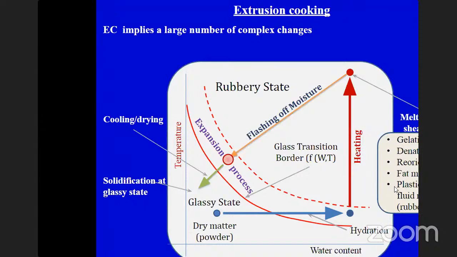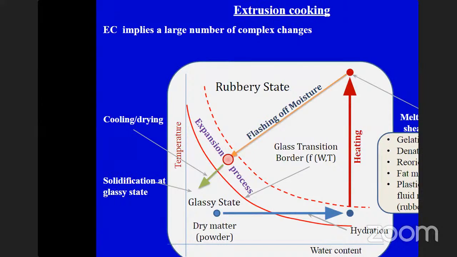Under the effect of heating and shearing, some chemical modifications can happen, such as starch gelatinization, denaturation of protein, and also some orientation or texturization. And also we have melting of fat.